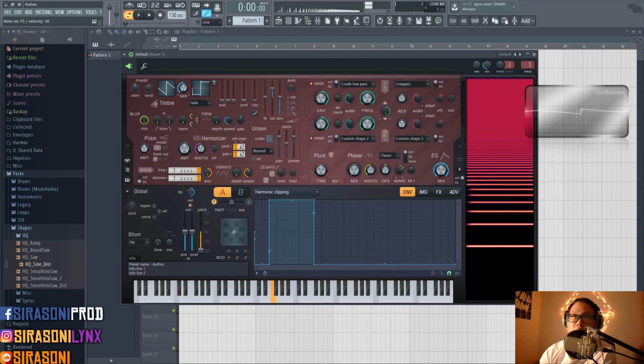This is the inverse, so the more you put it up, it's the opposite. You get sharp. This is a little different than a filter, but you could use it like such.